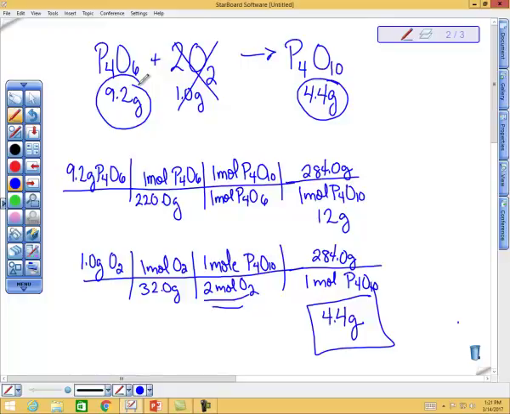I'm not sure if it asks you. What mass of excess reactant is left in the reaction container? Oh, guess what? You guys actually have to figure that out. How much P4O6 is left over? Because you didn't use all of it. So what would you get? What's your strategy? What would you do?